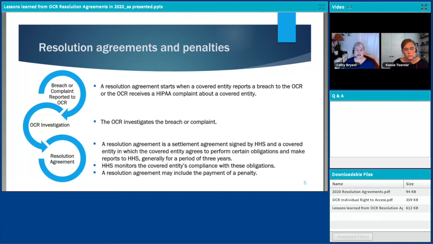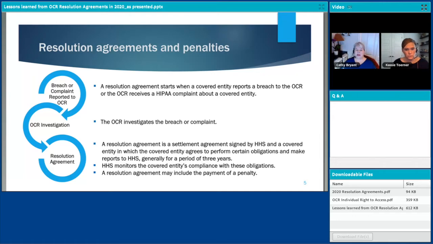So the OCR has received a complaint or a breach, and they have started an investigation. Investigations take months and months and months typically. We're actually seeing those investigations taking well over a year at this point.